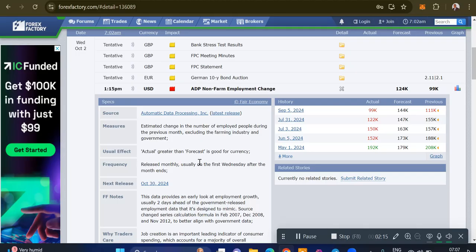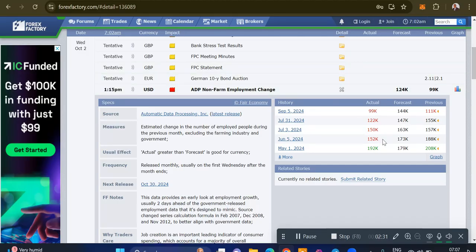I will explain this in a later course. The frequency is monthly, usually released on the first Wednesday after the month, and the next release date is here, along with previous releases and the forecast.